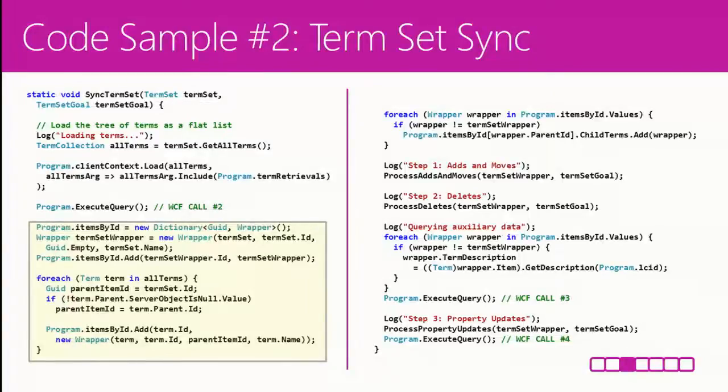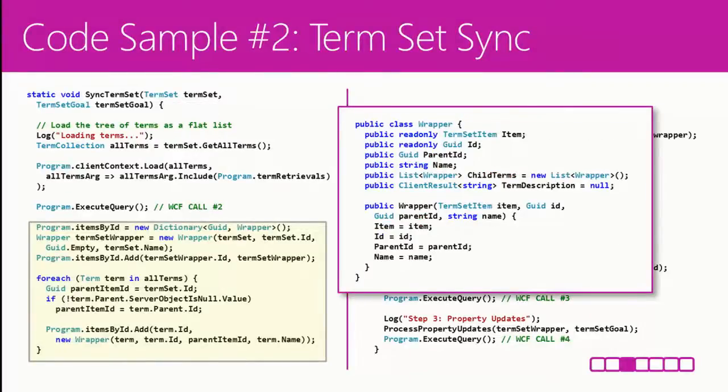Okay. So I'll skip over this a little bit, but I'll explain it at a high level. We read the terms in a flat list, but we want to use them as if they're a tree. So I have a wrapper class that I created that has the term, which I'm using the abstract base class because I also represent the term set this way, but it's the item there. And then I have the GUID of it, and its parent ID, and then a collection of its child terms.